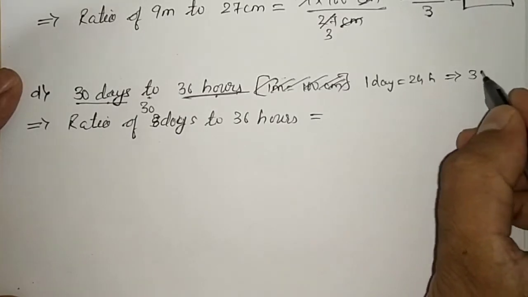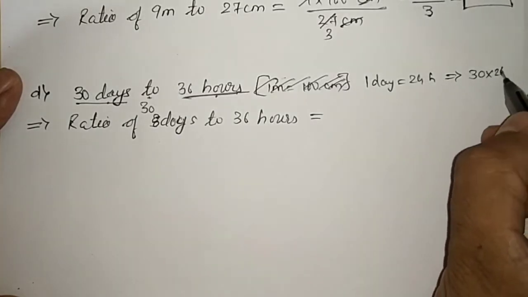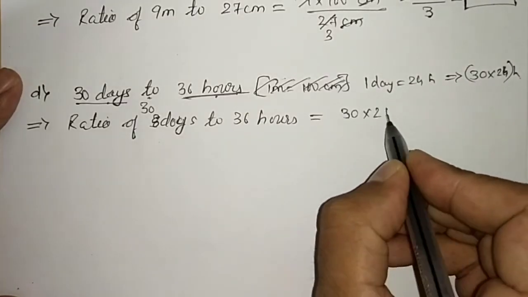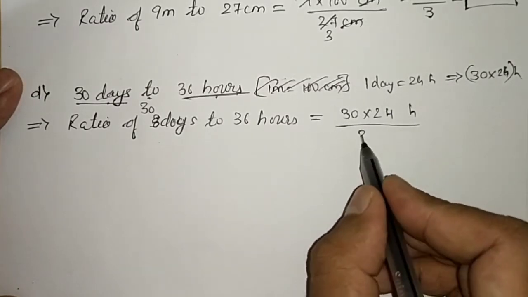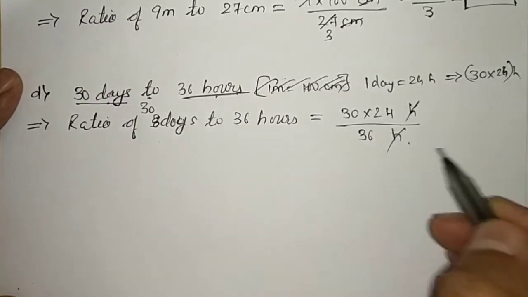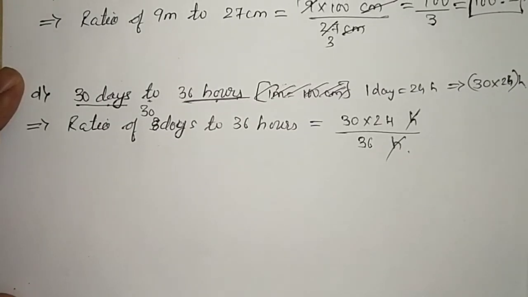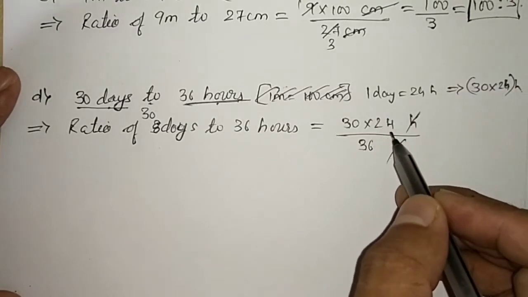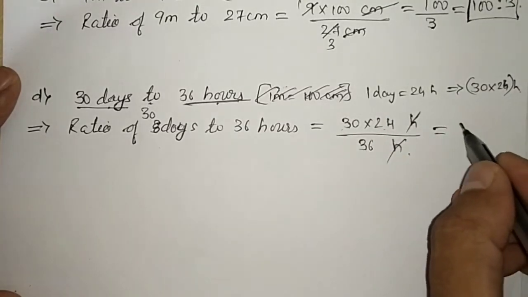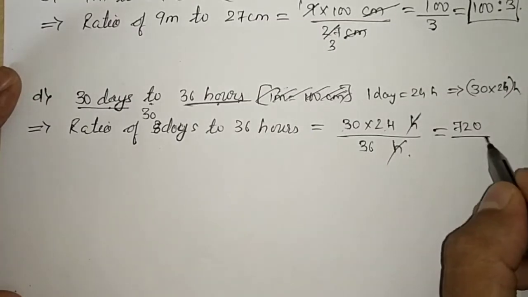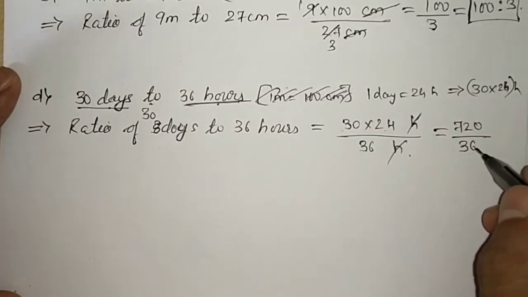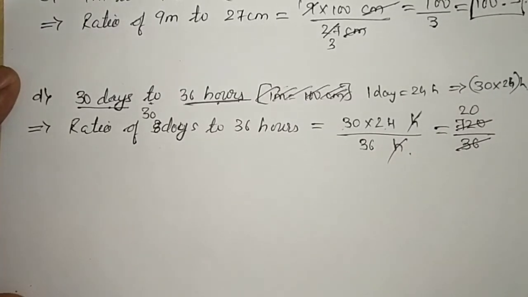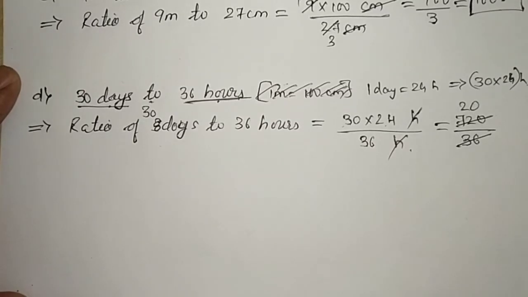Therefore 30 days will be 30 into 24 hours. So we will write 30 into 24 hours divided by 36 hours, hours will be cancelled out, and finally we will multiply 30 into 24. Let me first write it down. It is 24 threes are 72, that means 720 divided by 36. 36 ones are 36 and 36 twos are 72, so we will get 36 twenties are 720.